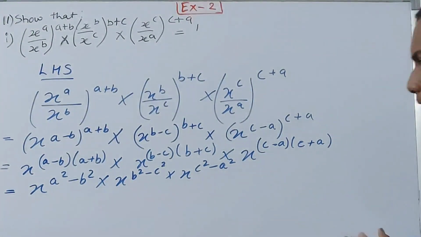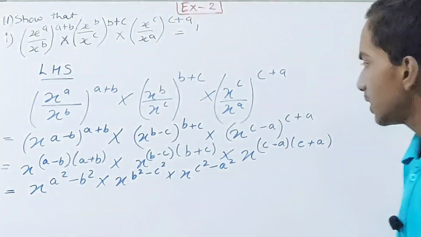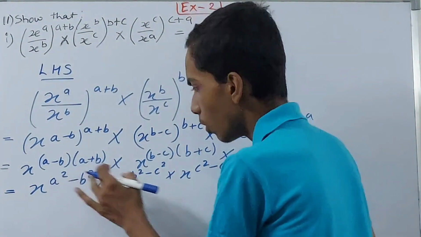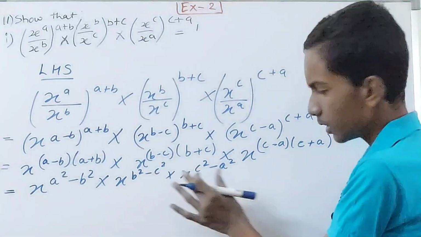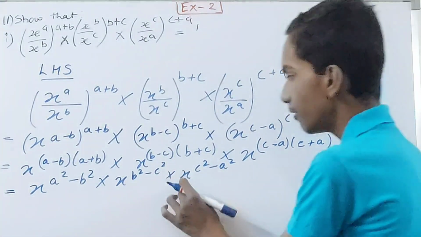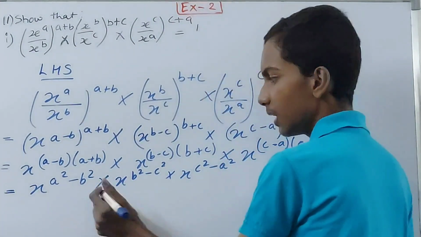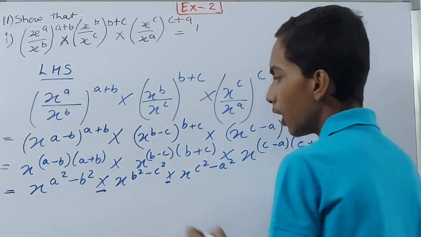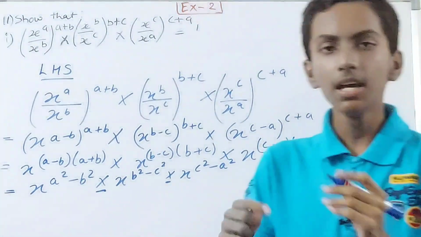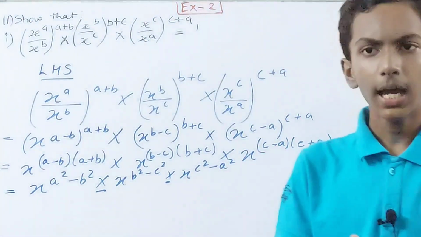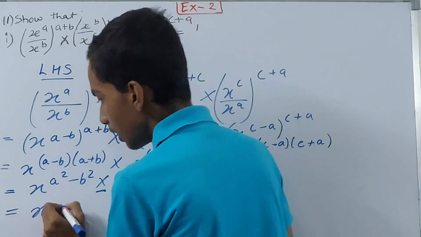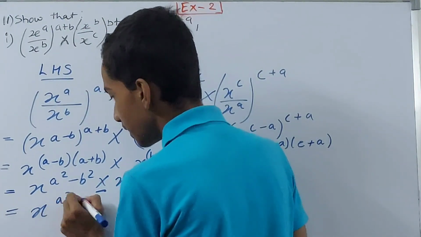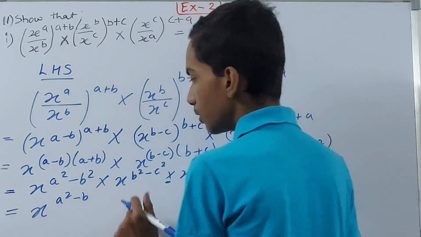Now comes the simple step. You can see that I have given exponents to all of them. Okay, this is one exponent, this is one exponent, this is another exponent, and between the base x we have multiplication signs, 2 times multiplication. That means we will add the powers, add all the powers, right? So you will have x raised to the power a square minus b square, because it was already there.